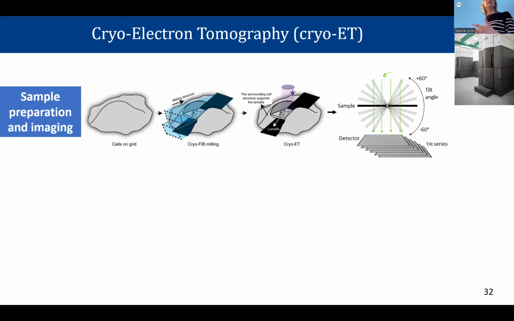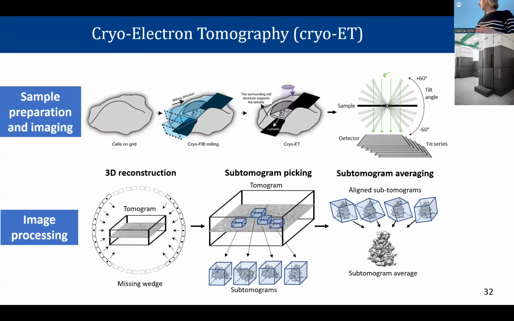So we speak about in situ studies, which means that you have a thin section of a cell and you tilt it in the microscope and you get images. You collect images from different views, like in medical tomography, and then you calculate a 3D reconstruction.